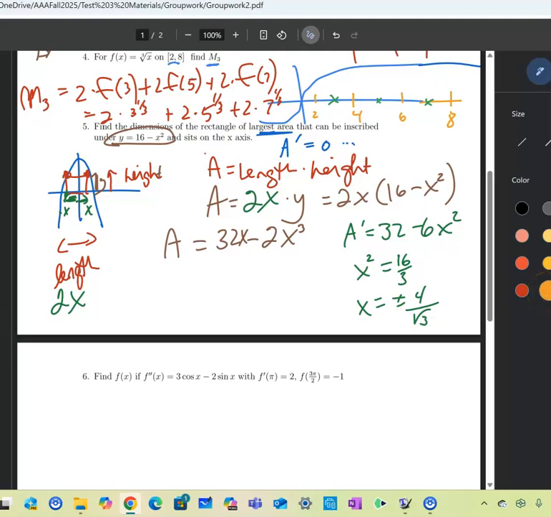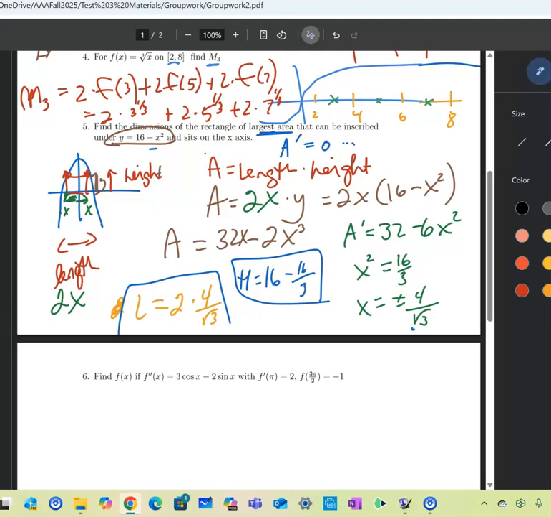That's just fine. So the width, or the length here, would be 2x, right? Let me just say length would be 2 times 4 over root 3. And then the height would be putting this x value into the function, right? 16 minus, and then that would be 16 over 3. So that's fine to leave your answers like that.